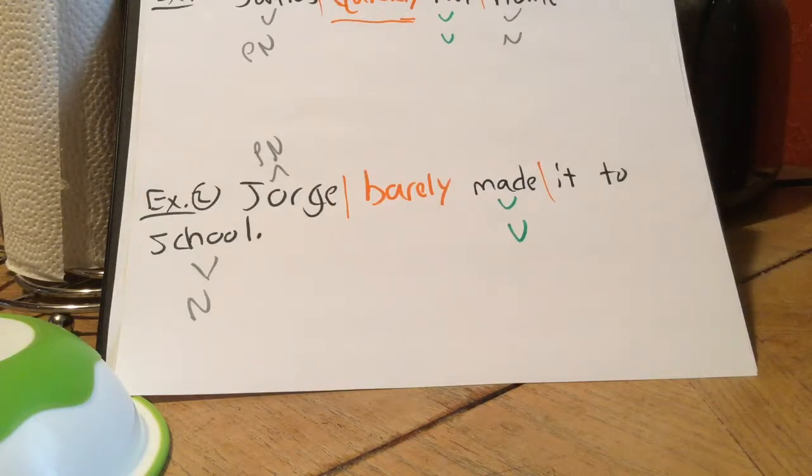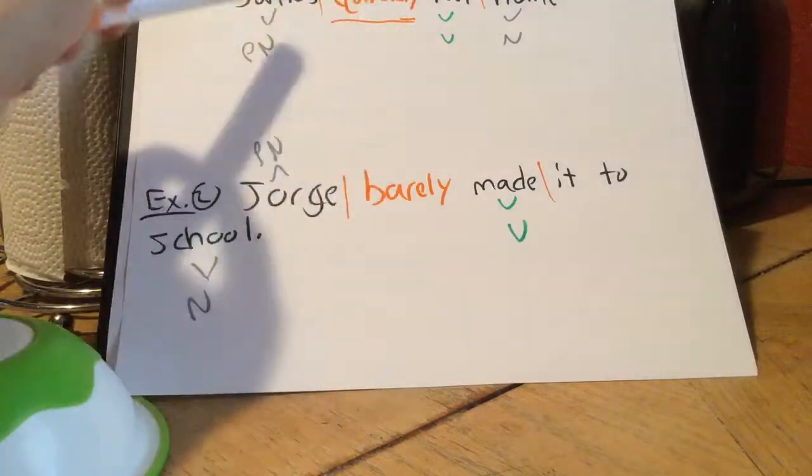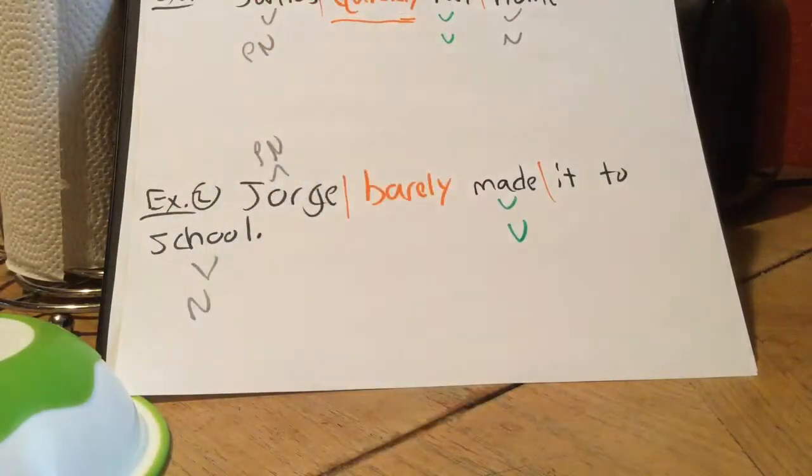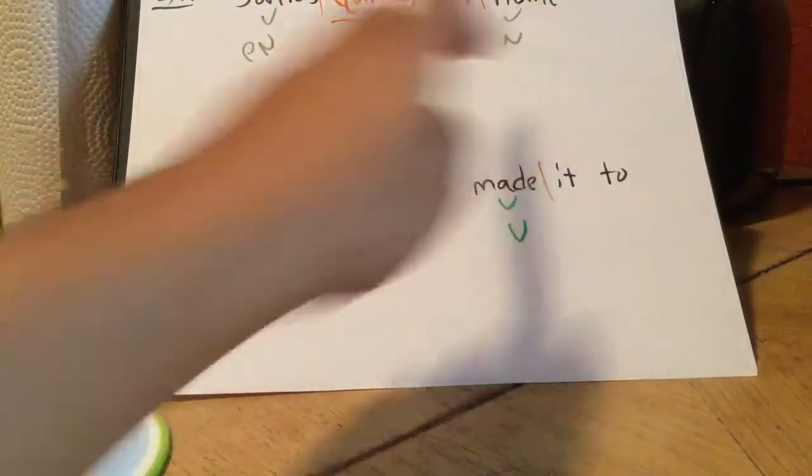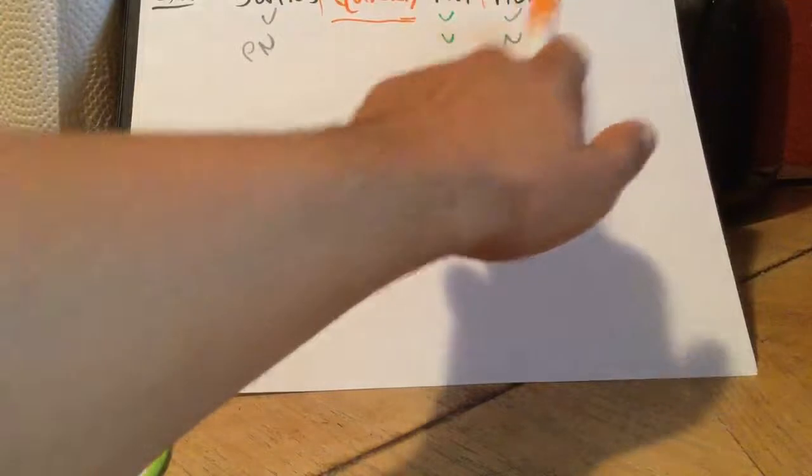So, can anybody tell me in these two examples, what's going on? What is this adverb doing for this verb? Good. It's kind of explaining and giving it a little bit more description, right? See, if we took out the adverb and we only had, if you read just the black, it would say Santos ran home.